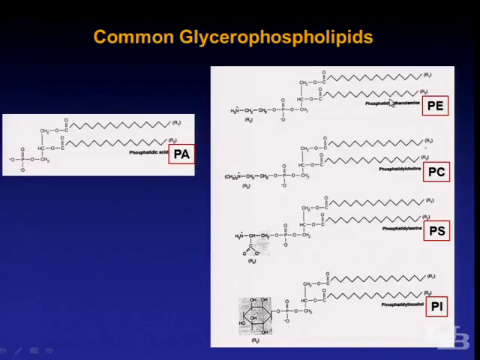So phosphatidylethanolamine is a family of glycerophospholipids that have a common structure, but the nature of the individual fatty acids that are hooked up at position C1 and C2 vary, right? Phosphatidylcholine, a major component of biomembranes, same thing, but the R group is different. This is choline. Phosphatidylserine, the amino acid serine. Phosphatidylinositol, a large ring structure, all right?